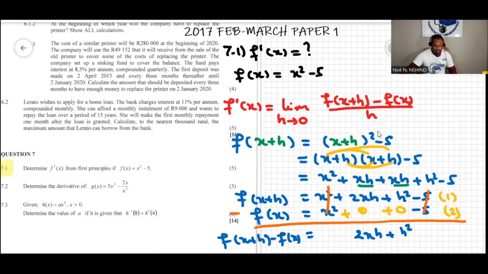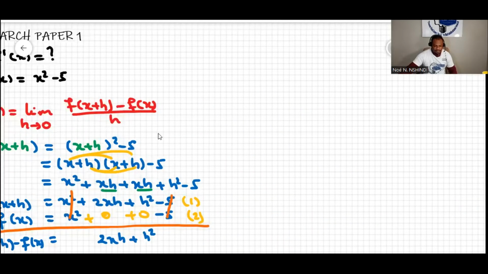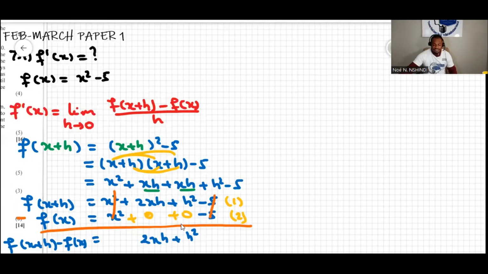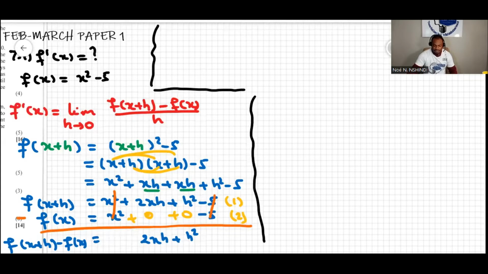Now I want to move my board this way. You notice that so far we have worked out the numerator of this limit, f of x plus h minus f of x. Here it is. Now we're going to introduce the limit.